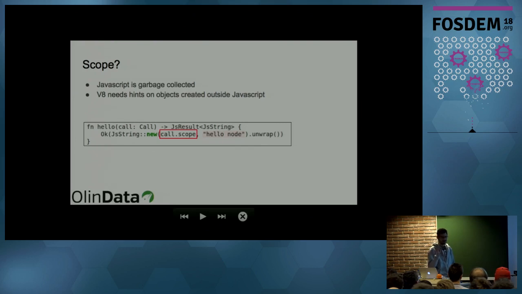So if that function goes out of scope, it can garbage collect those values that were created there. So this call.scope is the way that you hint to V8 that, hey, for example, this string that we are creating belongs to the function that called it. So you have to pass around call.scope whenever you create new values.